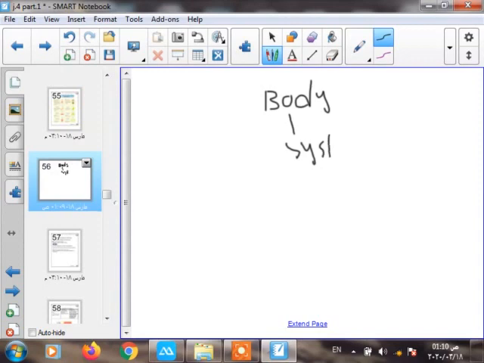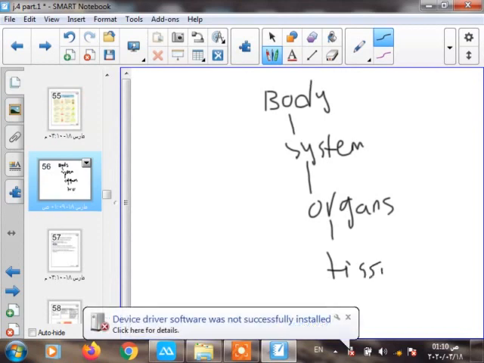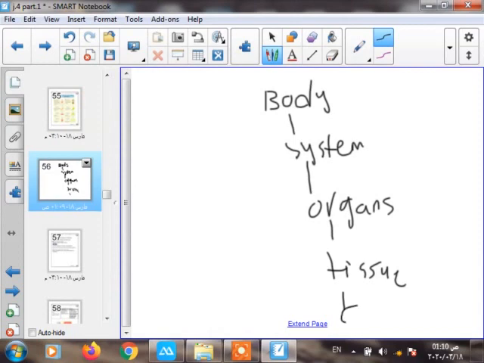Each system is made of a group of organs. Each organ is made up of a group of tissue, and each tissue is made up of a group of cells. So the cell is the building unit of any body.